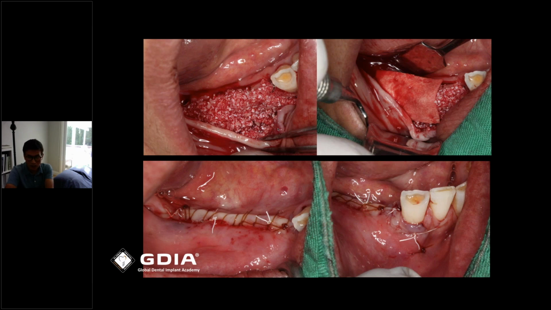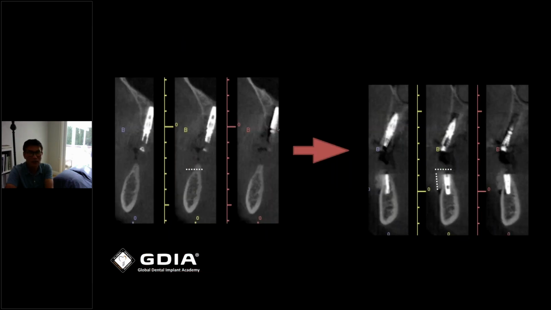Obviously the patient cannot chew on this side, and there should be no mobility, no pulling, no moving anything. Mobility is an unstable condition, and the bone is not going to adhere. So those are the criteria for GBR.